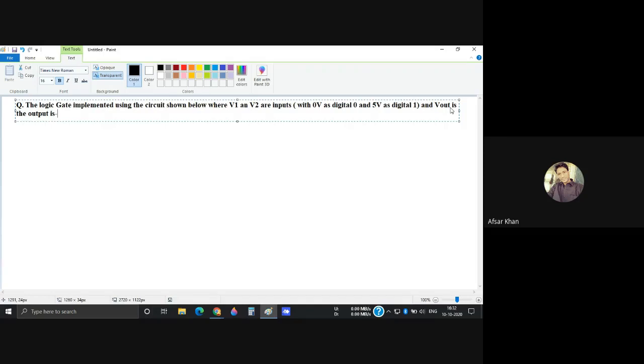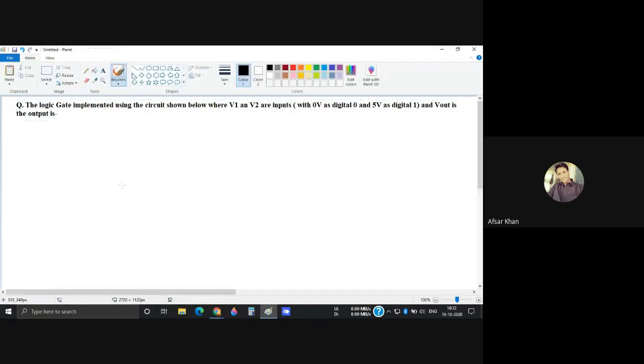So we have to identify which logic gate is represented by the given circuit. I will draw the circuit. Here 5 volt, there is a resistor, then one transistor Q1.